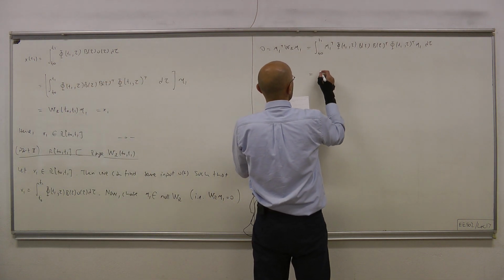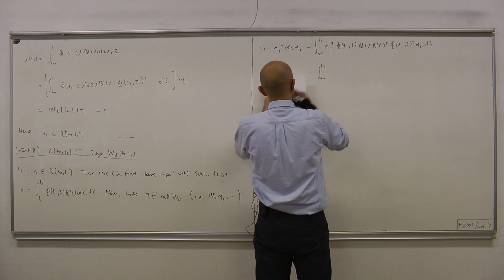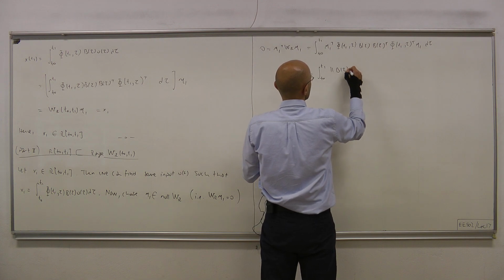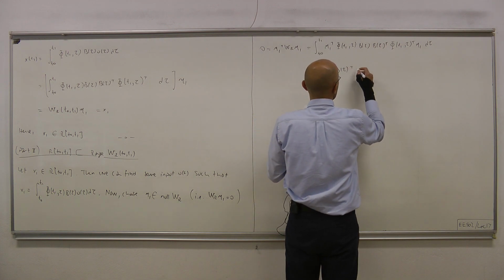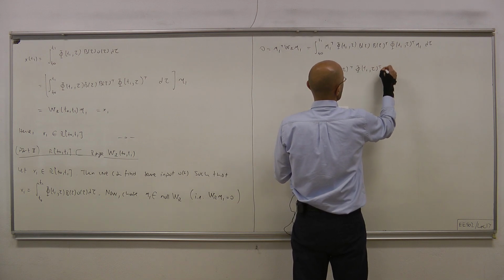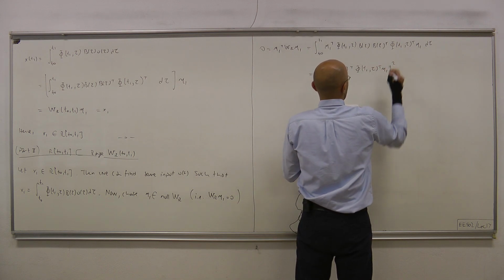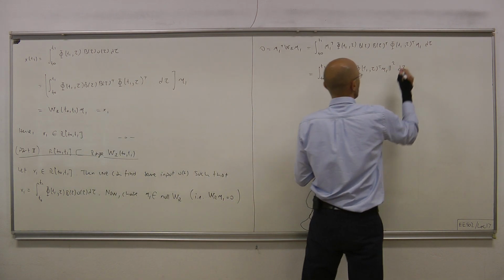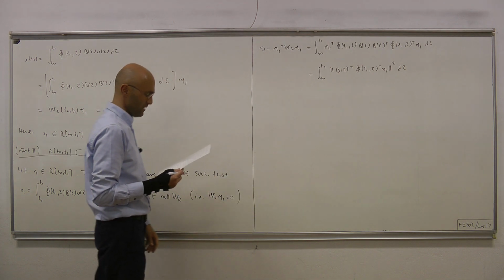So therefore we can rewrite this as the integral of the norm square of B(tau) transpose phi(t1, tau) transpose eta1, d tau.